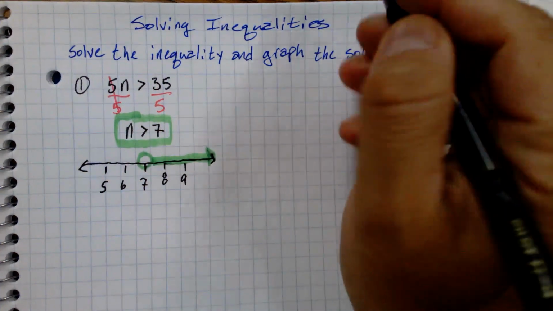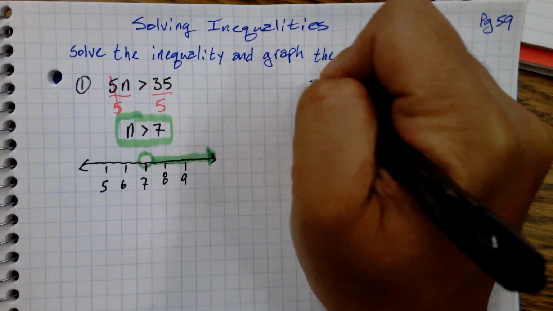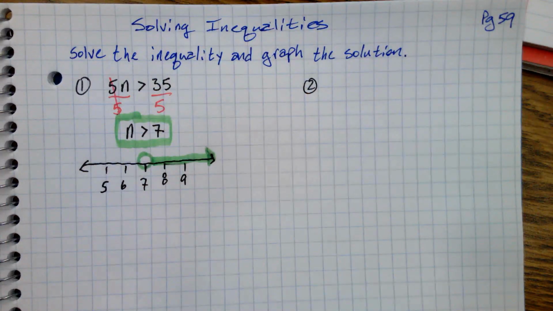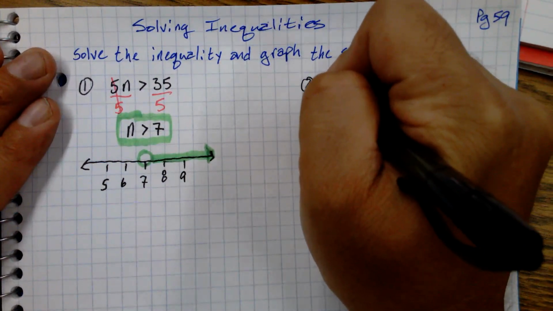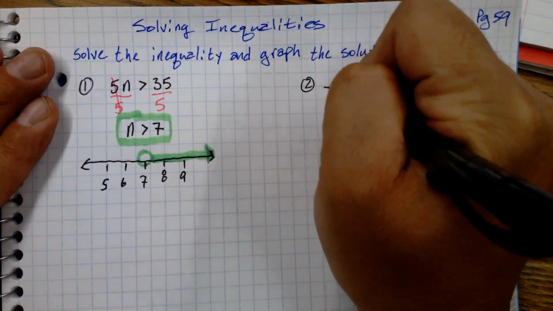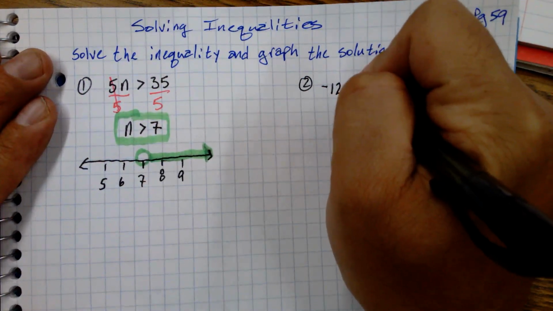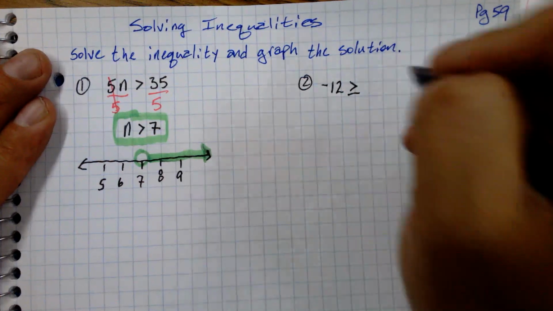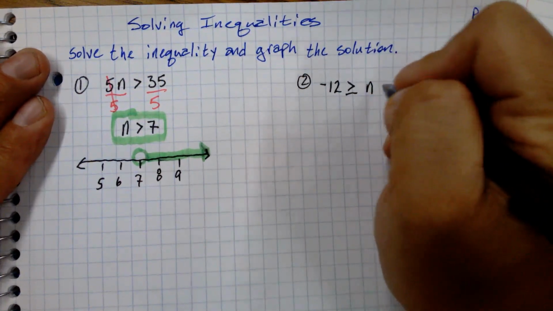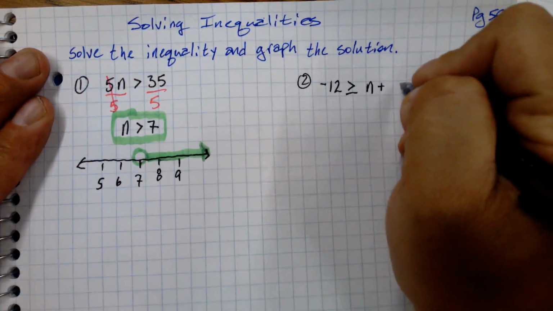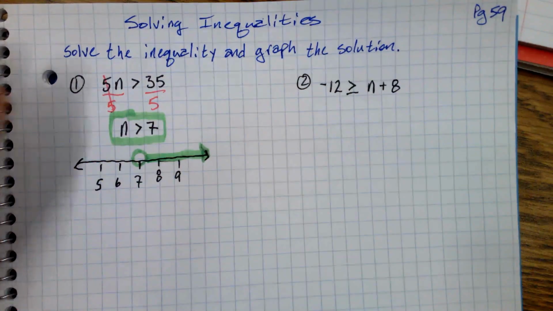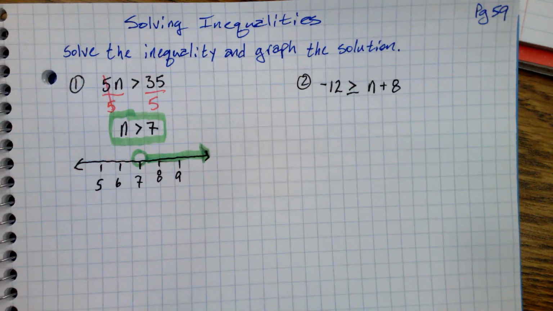Let's do another one. Number 2. Negative 12 is greater than or equal to n plus 8. Okay, so let's go ahead and do this one. Let's solve it.